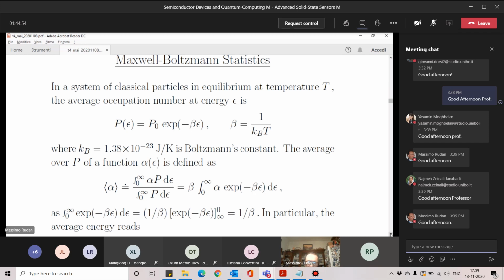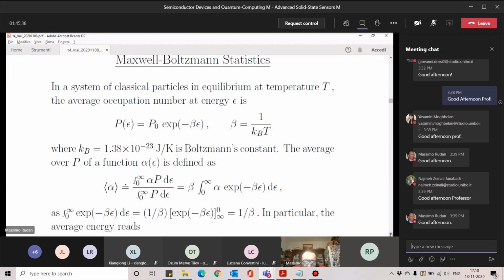Assume that we have a bunch of these oscillators in equilibrium at a given temperature T. So the classical thermodynamics explains how to calculate the so-called average occupation number at each energy. This average occupation number is some capital P equal to a constant times exponential of minus beta E, in which beta is 1 over kBT, with kB the Boltzmann constant and T the temperature.